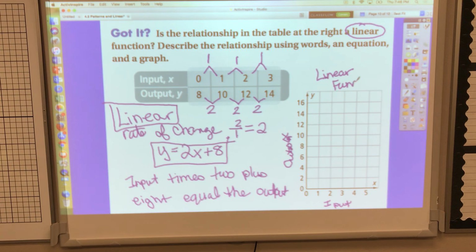That's what I'll title my graph. Okay, and then I just need to plot my ordered pairs. At 0, I'm up at 8, so I'm going to put a dot there. At 1, I'm up at 10. At 2, I'm up at 12. And at 3, I'm at 14. Okay? So there's a graph of my function.